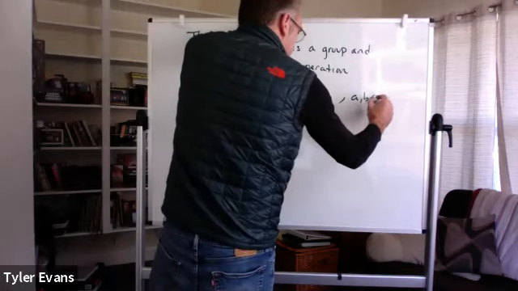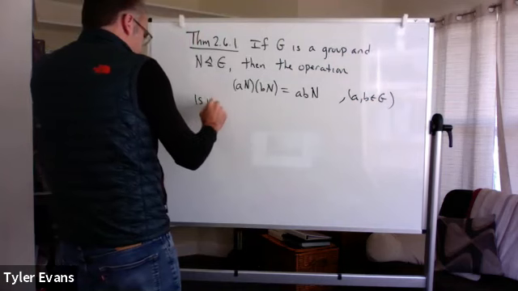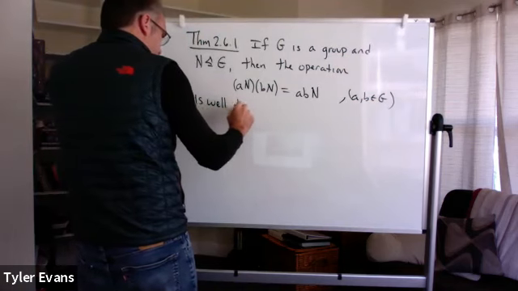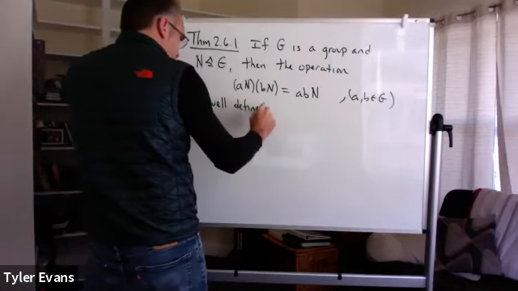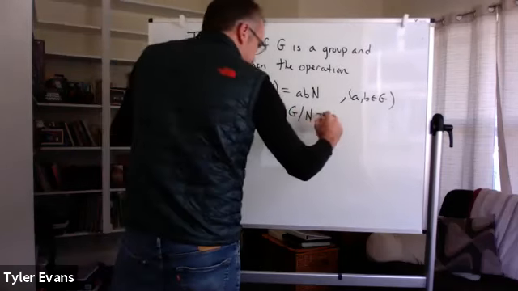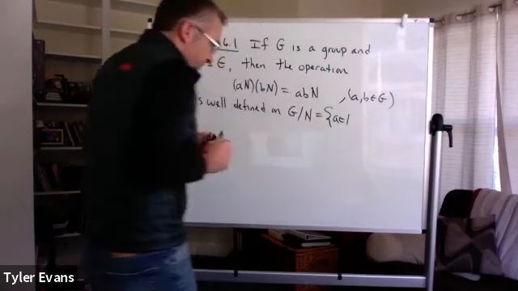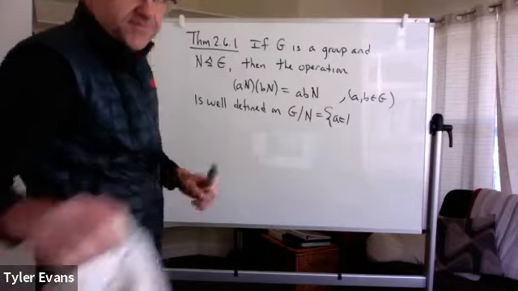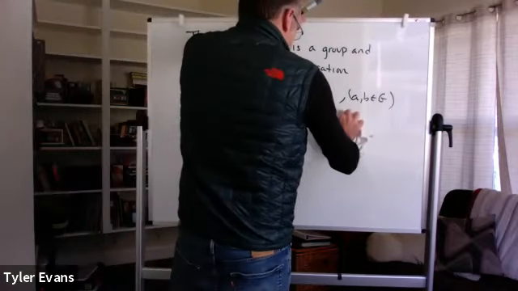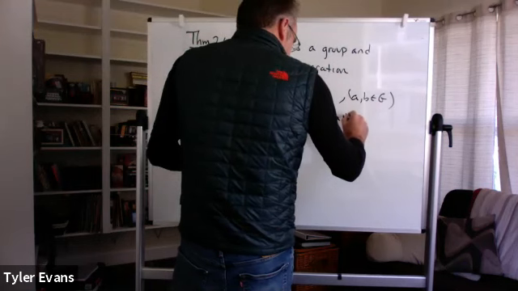Here, A and B are any two elements of G. It is well defined on G over N, the set of all cosets.